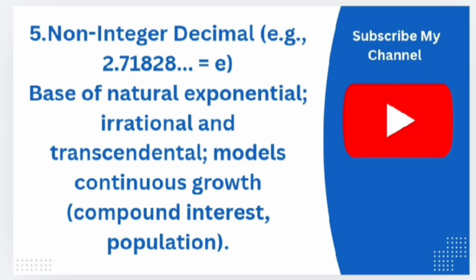The last example, an irrational decimal. For example, e, which equals 2.71828, continuing infinitely without repeating. Base of the natural exponential, irrational number, and transcendental. Models continuous growth, compound interest, population.